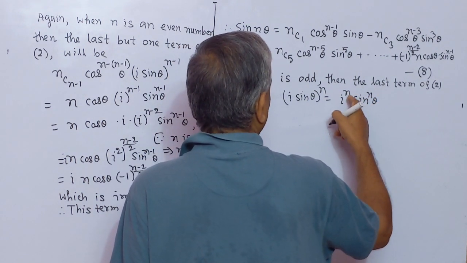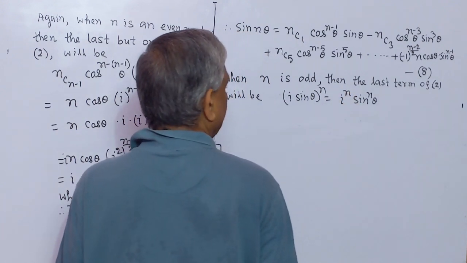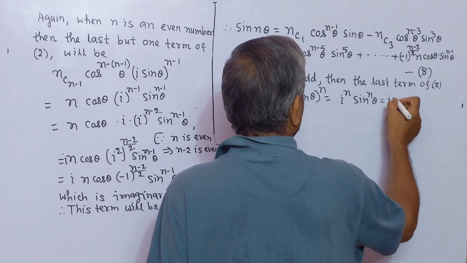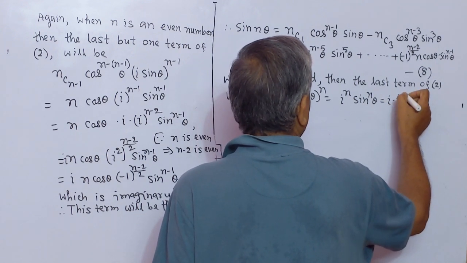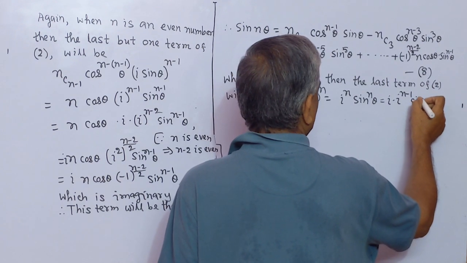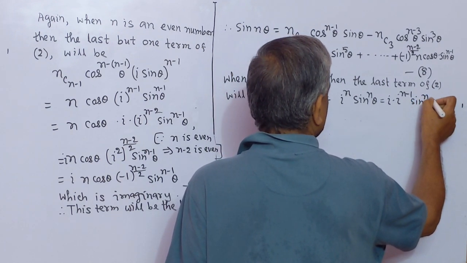Since n is odd, so we try to make it even. That is, i multiply i to the power n minus 1 sin to the power n theta.